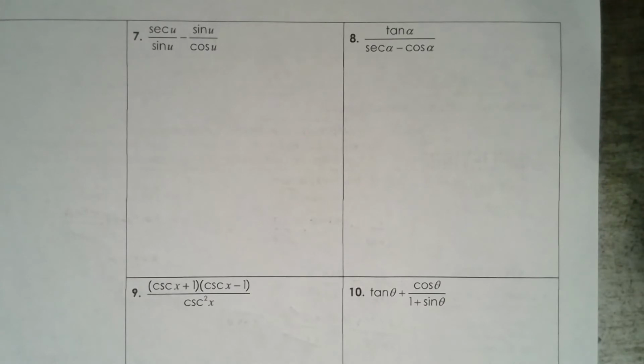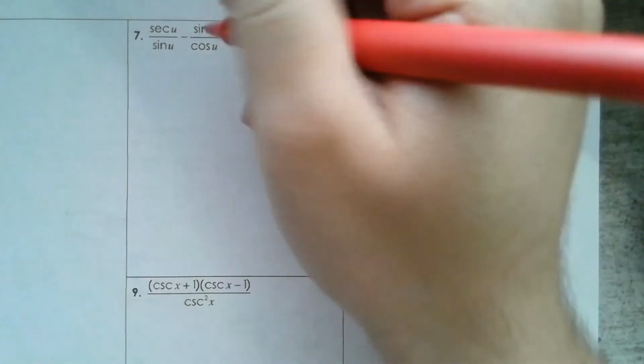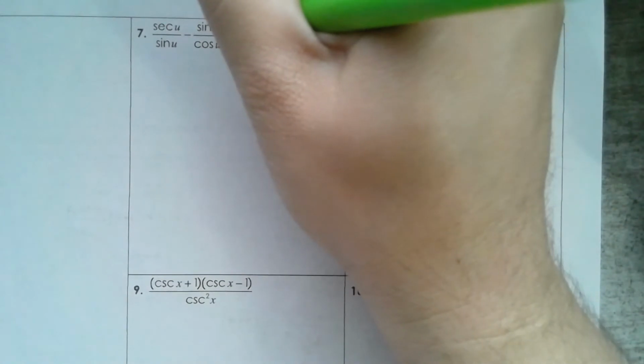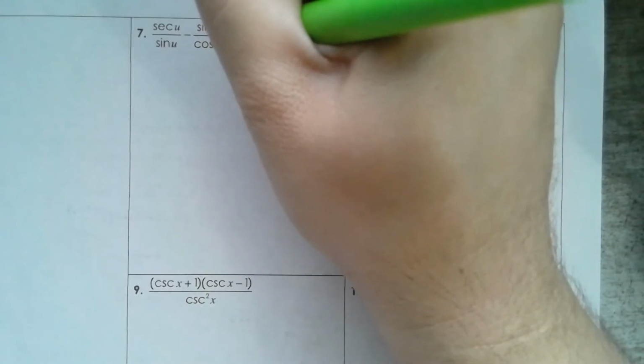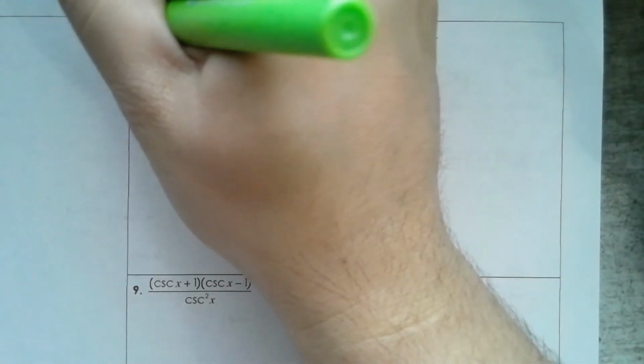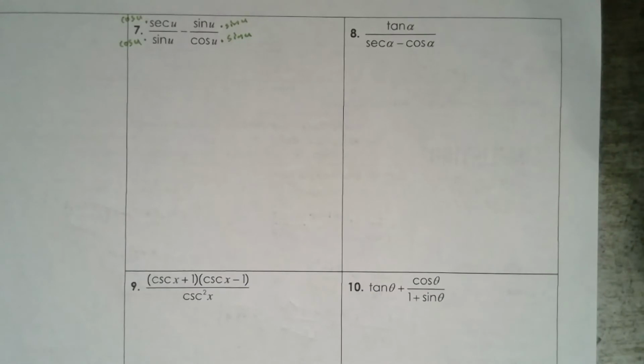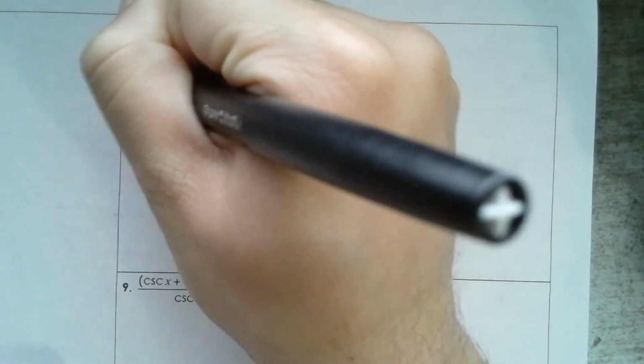I will have to get like denominators, so I'll multiply the second one by sine u and the first one by cosine u. And what this will do is I'll have this as my result: cosine u times secant u over cosine u sine u.